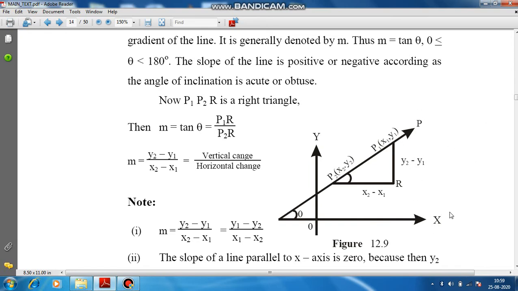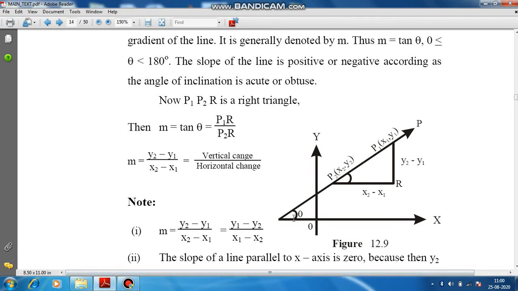There are two types of rotations: positive rotation and negative rotation. Positive rotation is anti-clockwise and clockwise rotation is called negative rotation. The angle obtained by anti-clockwise rotation is called positive angle, and the angle obtained by clockwise rotation is called negative angle. Okay.